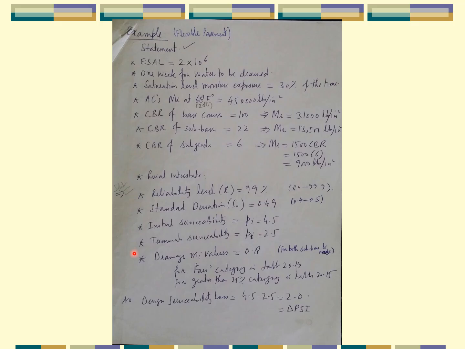Design M sub i value is 0.8 for both subbase and base. So we consider the fair category in table 20.14, and the greater than 25% category in table 20.15, and we have got 0.8 as M sub i.